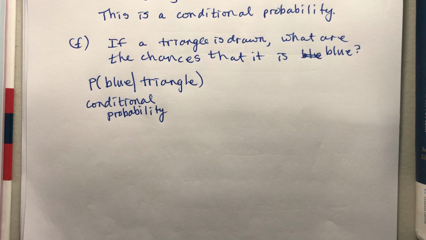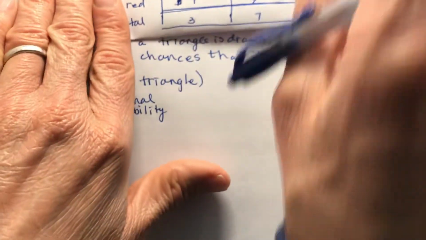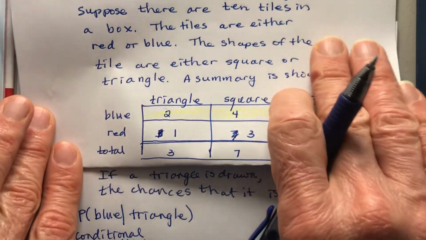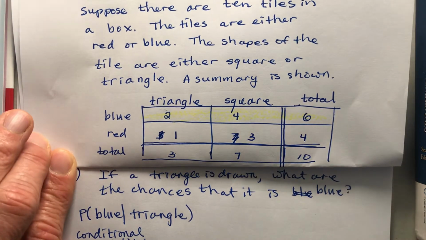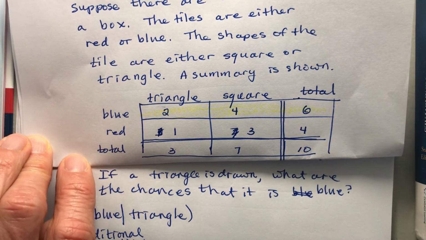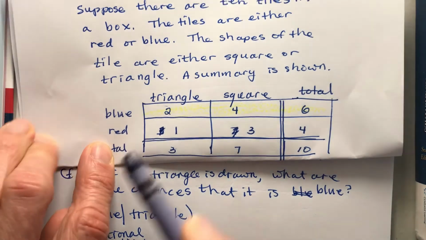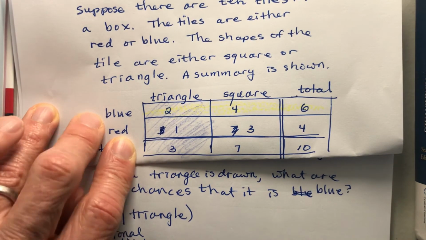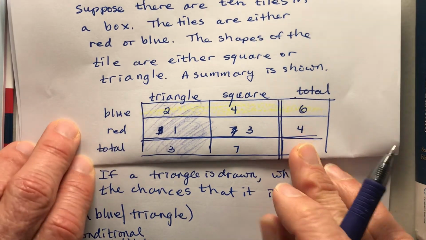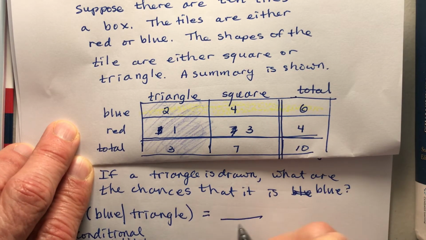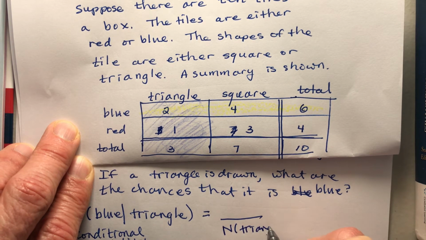We can go back to our chart, see what's going on. So this time, we're just going to look at the triangles. In total, there are 3 triangles. So that's like our new sample space. So it's the number of triangles that we're going to divide by.